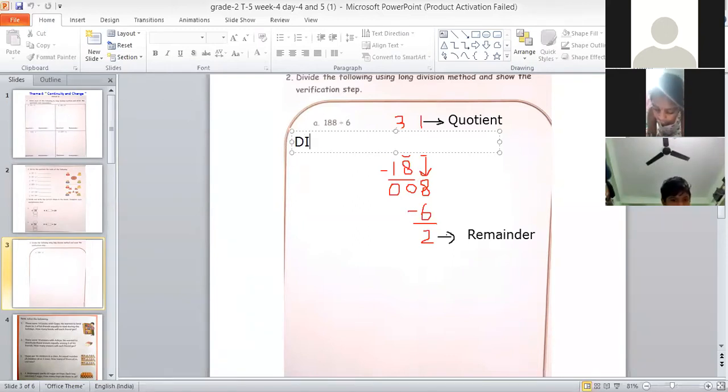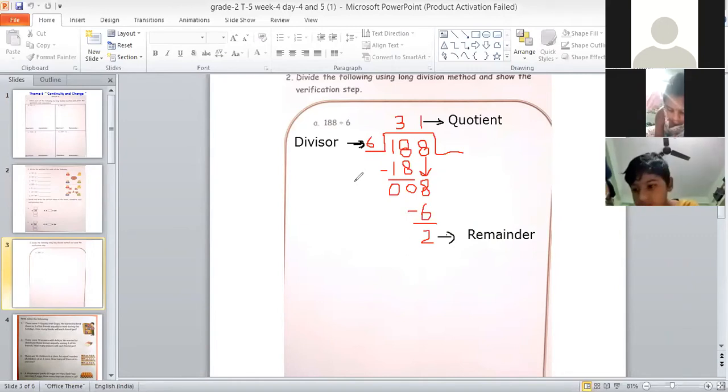Yes, children, you should remember these new things. Here 6 is the divisor. I am trying to make an arrow here. So 31 is the quotient, 2 is the remainder, and 6 is our divisor.